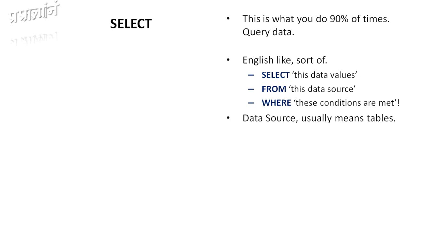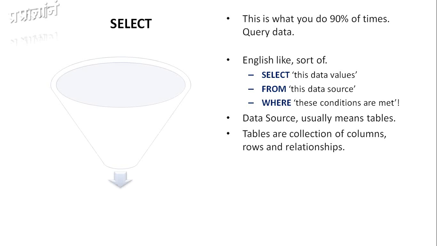Now the data source in this case usually means tables, as I mentioned. So in relational database management systems, there are tables in which data are stored, and there are relationships defined between those tables. So tables are nothing but a collection of columns, rows, and the relationships between each other. We'll see those in detail later, but I want you to soak in the concept of how the SQL query you're going to write is going to work.